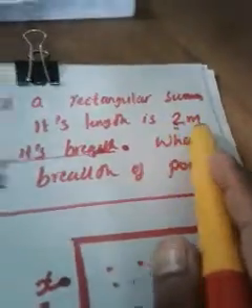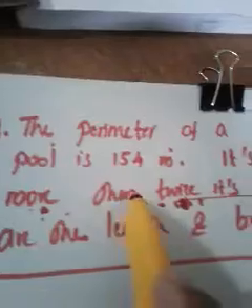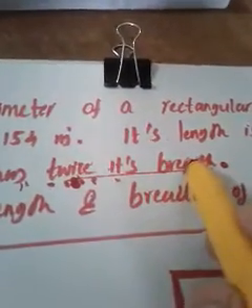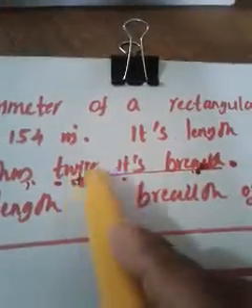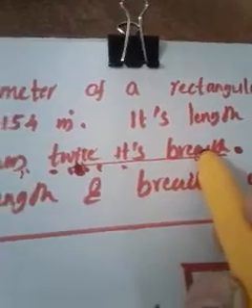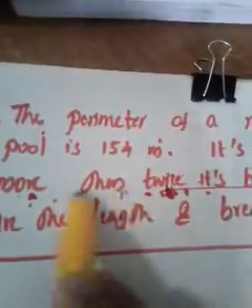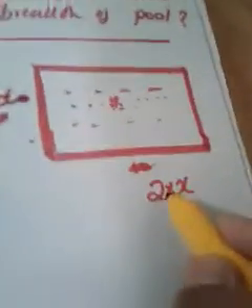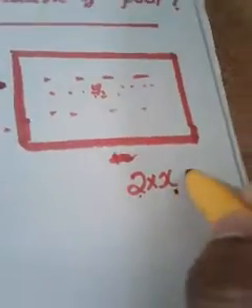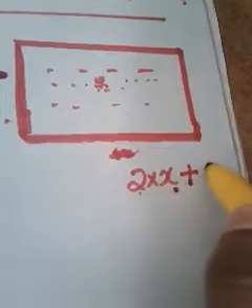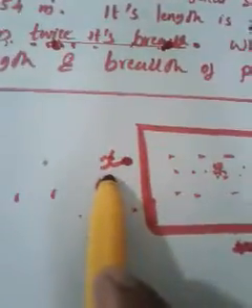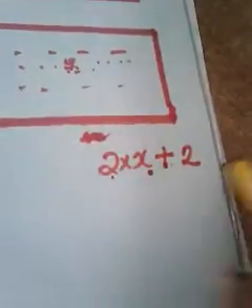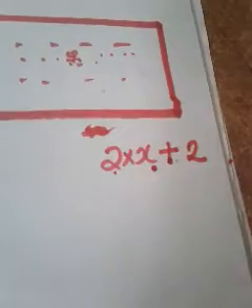Because the length is 2 meter more than twice its breadth. If you are considering breadth as x, what will be twice of x? 2x. Then more than, plus I have to do. That means 2x plus 2. That means 2 into x I did, then more than, plus 2. If the breadth is x, the length will be 2 into x plus 2. You may have understood. Okay.